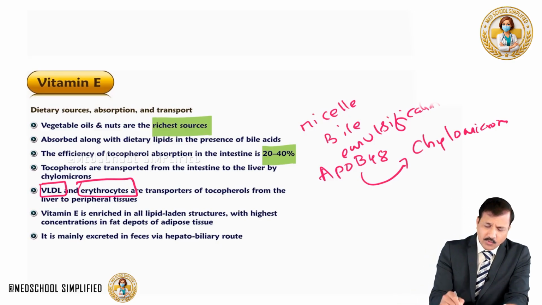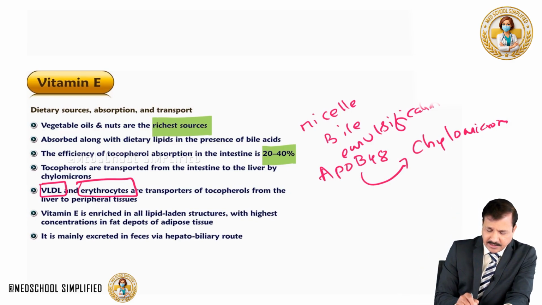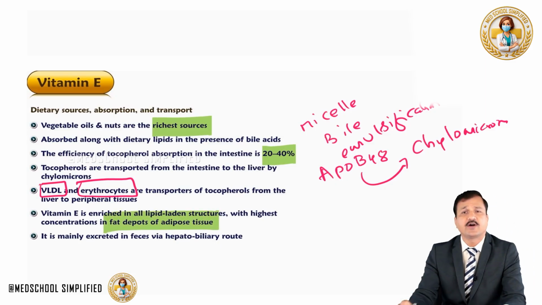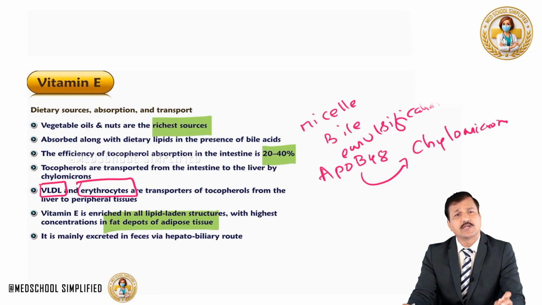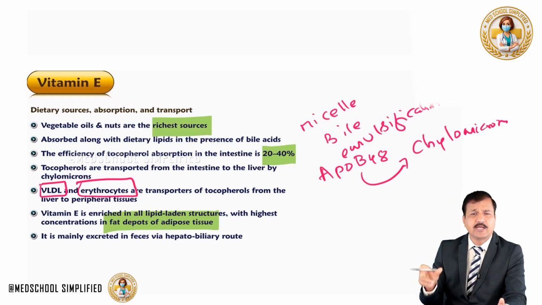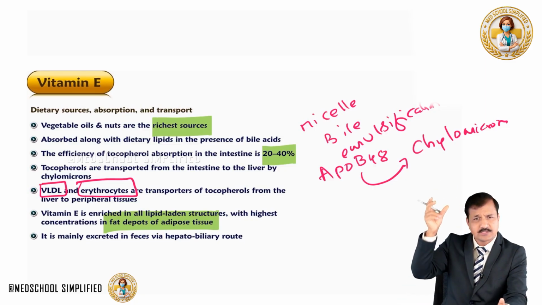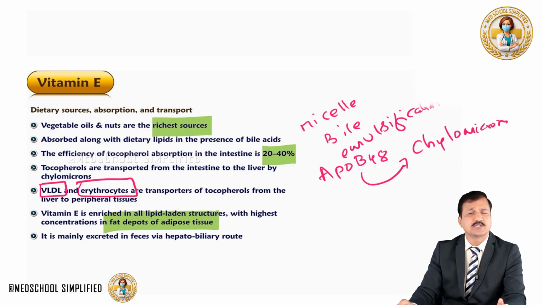Now, where exactly is this vitamin E stored in our body? Vitamin E is enriched in lipid-laden structures, and the highest concentration is found in the fat deposits of adipose tissue. Also note that vitamin E is a membrane antioxidant, so you are going to find a good concentration of vitamin E over the cell membrane, especially over the long myelinated neurons, like those in the spinal cord.